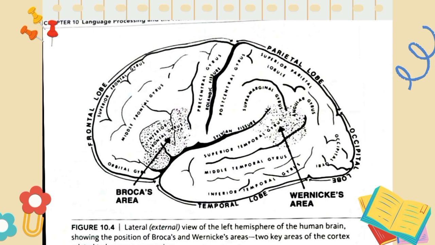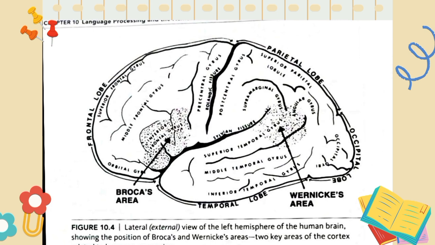So, overall, Broca's and Wernicke's areas are two key regions in the brain, crucial for language processing. Broca's area handles the motor aspect of speech production, while Wernicke's area handles the cognitive aspect of language comprehension.